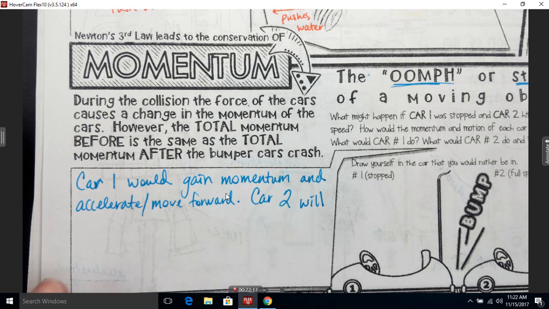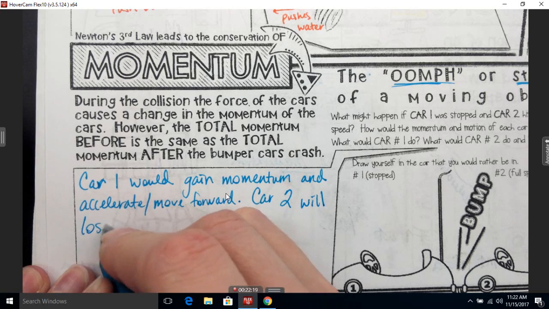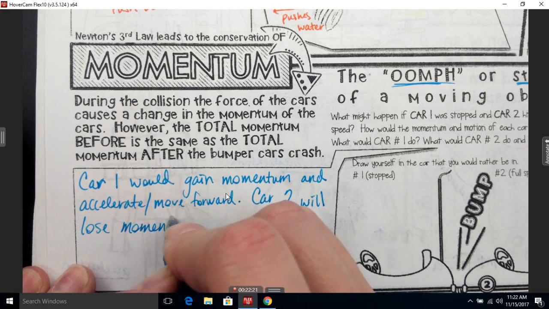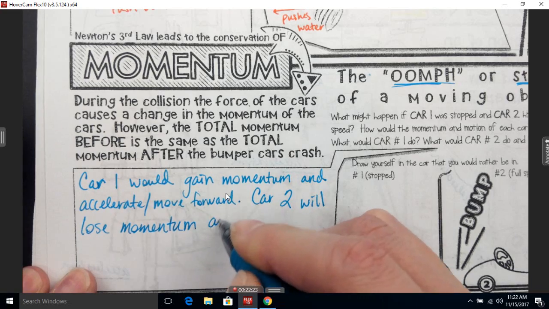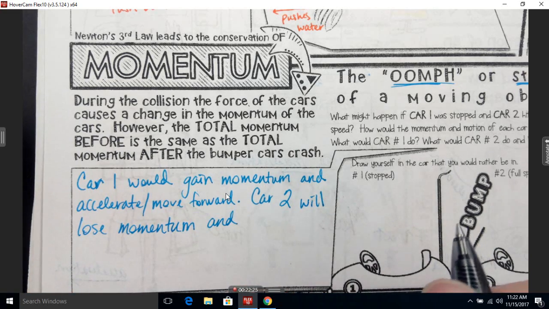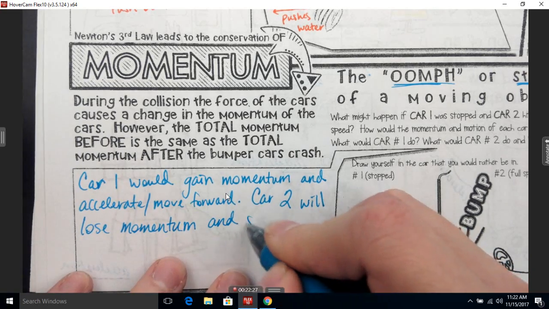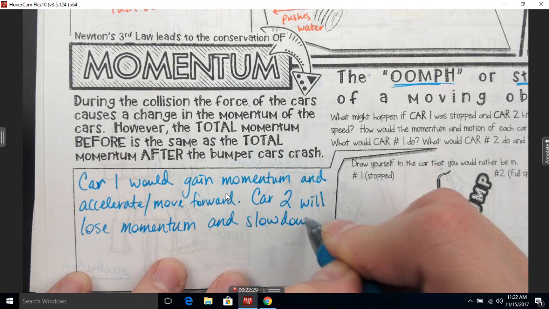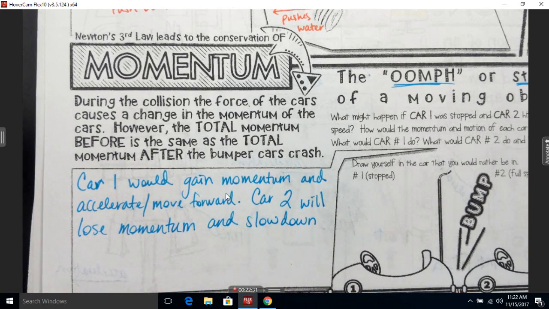He loses his momentum and slows down. Eventually, yes, friction is going to stop him, which is not the same. Momentum's not friction. Would he slow down or decelerate?